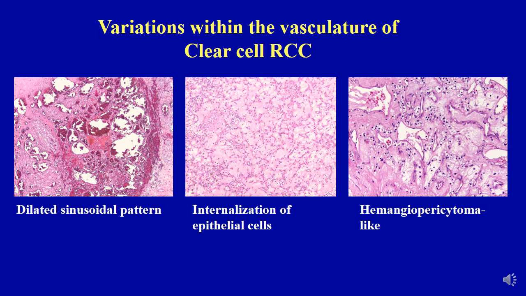It is also important to keep in mind that this vasculature can show some variation. Cystic dilatation filled with hemorrhage is a very common presentation. So you may have a dilated sinusoidal pattern.